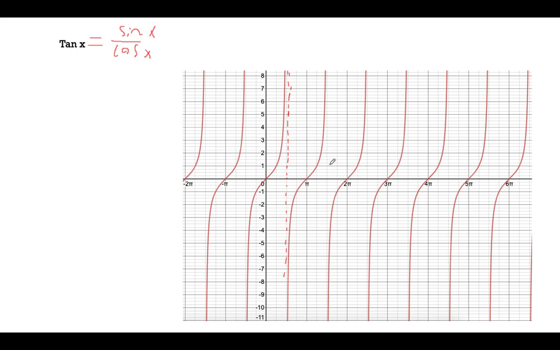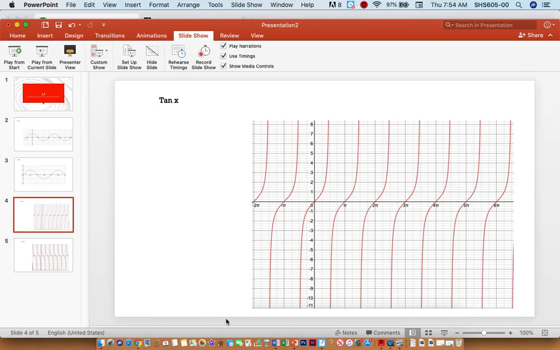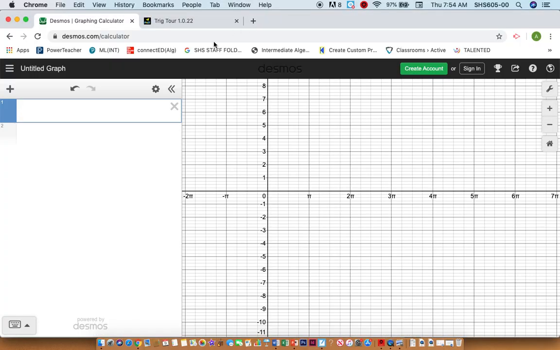And then again at 270, which would be 3 pi over 2. I don't have them labeled on here, unfortunately. And so on and so forth. And so that's how you get your asymptotes. Again, you'll have infinite asymptotes. Let's go back to the website.